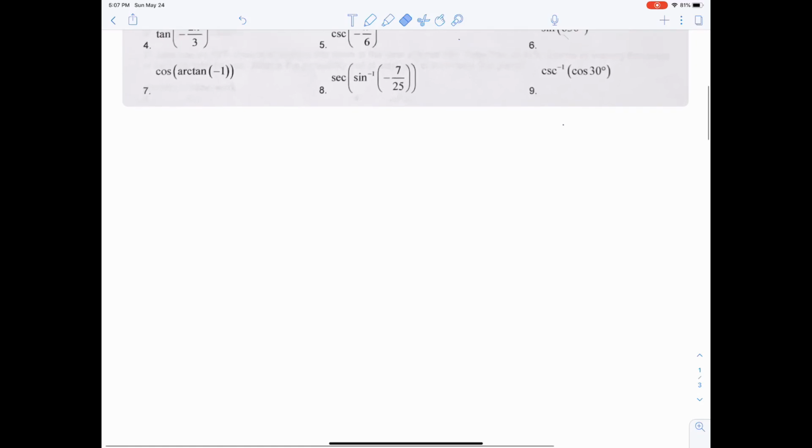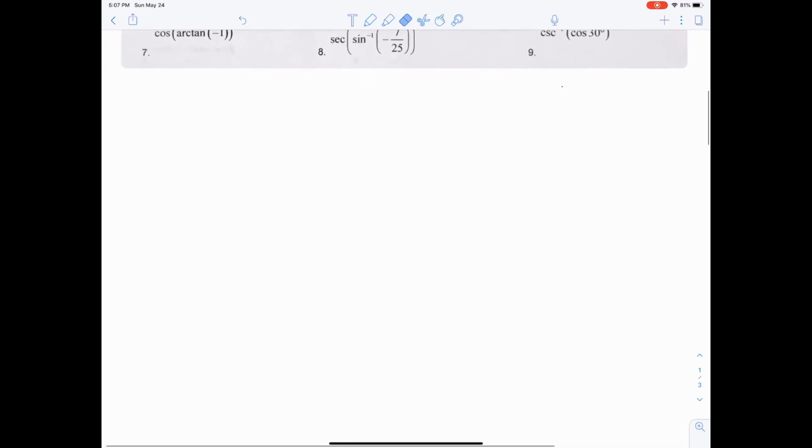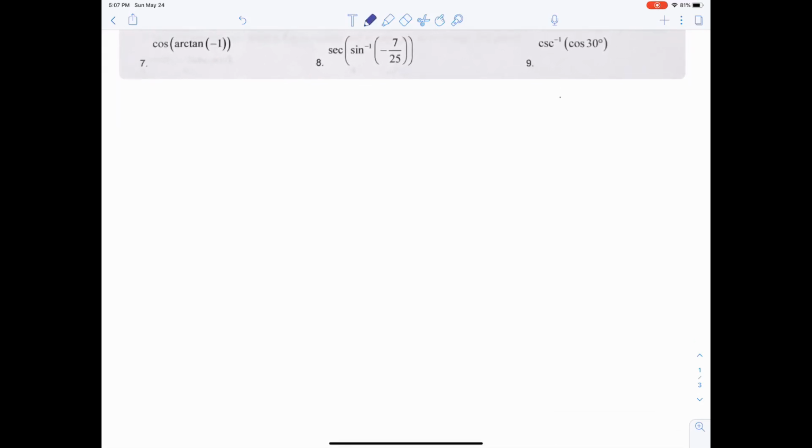Okay, the last question, question number 9. Let's copy this problem. Cosecant inverse of cosine 30 degree.